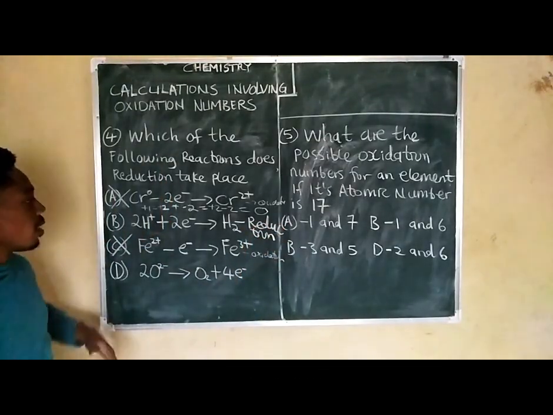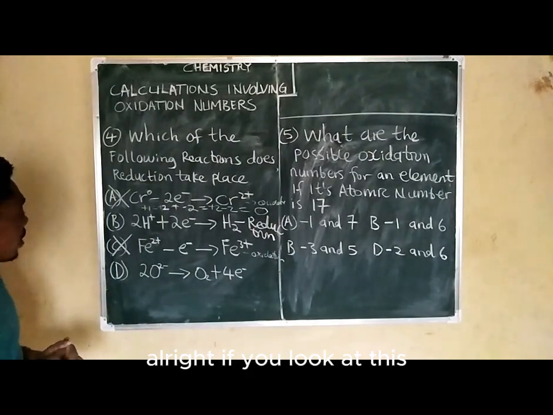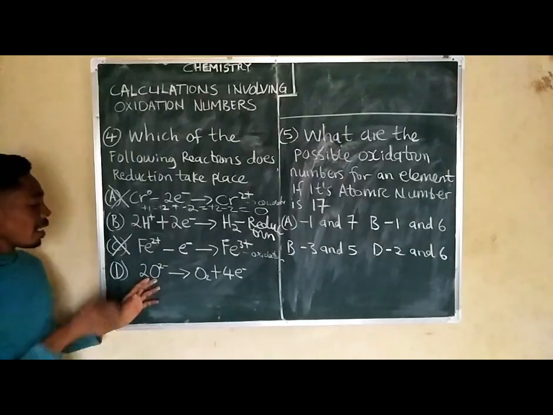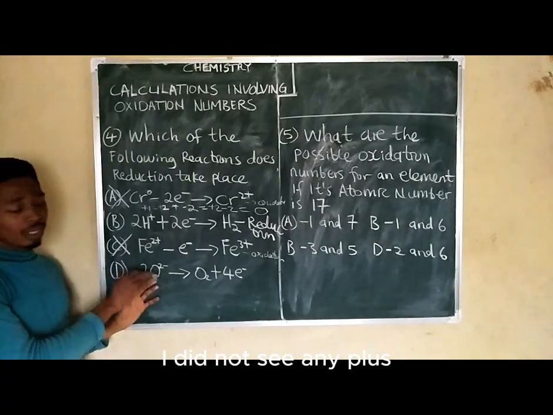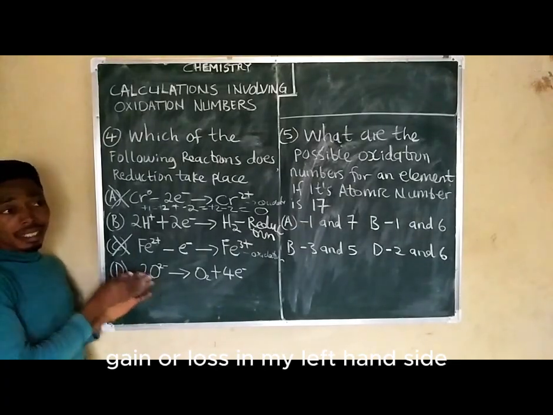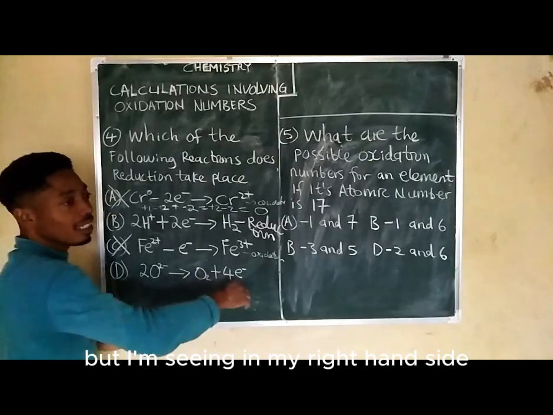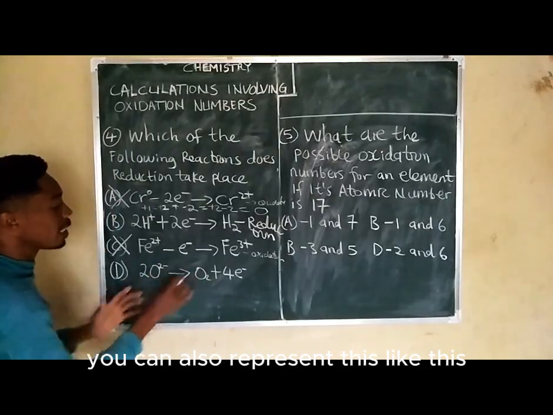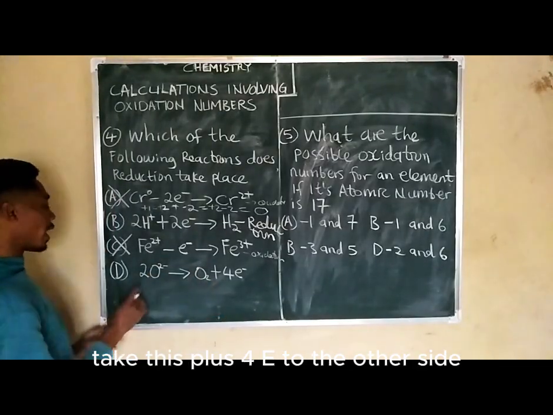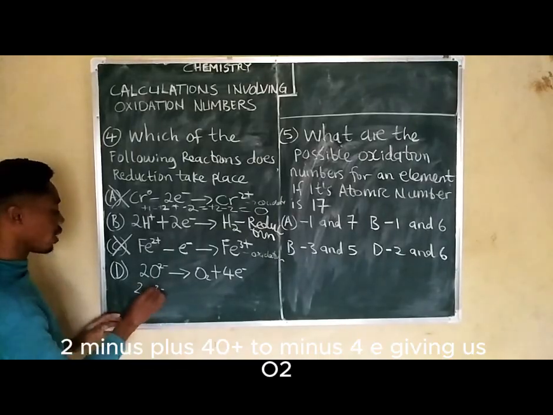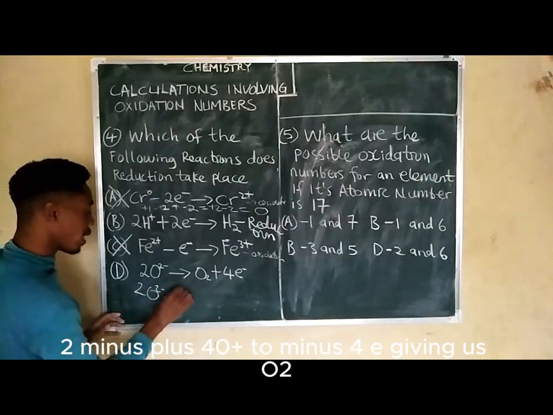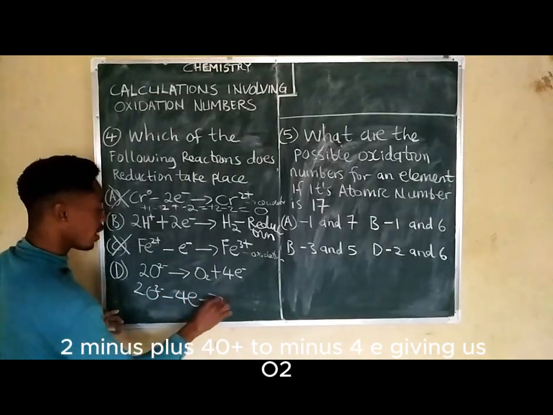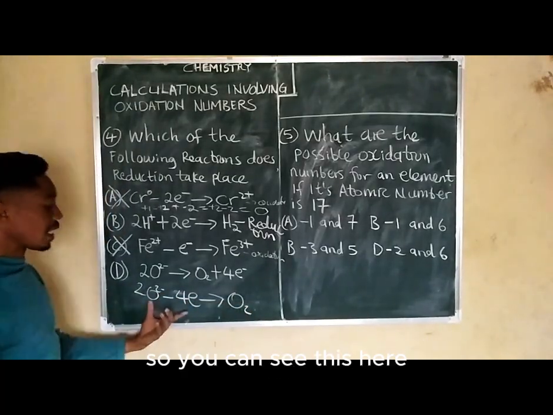Reduction. Alright, if you look at this option D, I did not see any plus gain or loss on my left hand side, but I'm seeing electrons on my right hand side. You can also represent this as this. Take this plus 4e to the other side. So it will be 2O2 minus, plus 4e minus, giving us O2. So you can see this here.